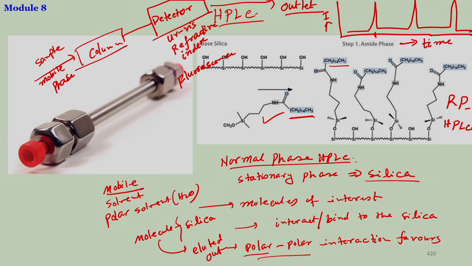So, C14, C15, 16, total 18 carbons are here, long carbon chains. So, they are very much non-polar obviously, and they are hydrophobic in nature. So, once they are conjugated with your stationary phase, now your stationary phase is not polar like here, your stationary phase becomes non-polar.